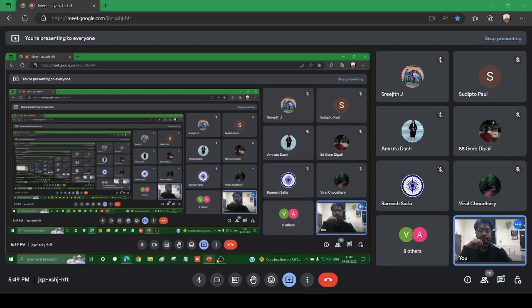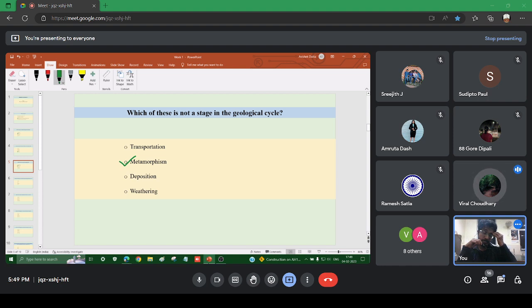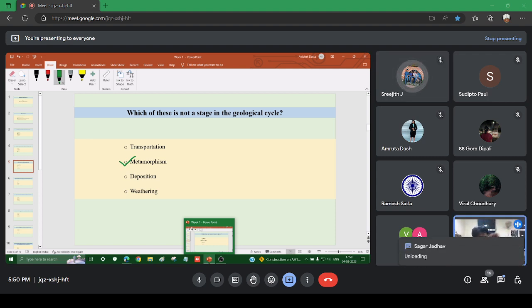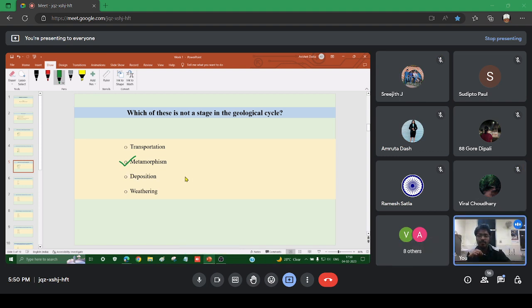Transformation of soil or rock or any geomaterial from one type to the other is called metamorphism. Change in form, right? Basically. What is deposition? Process of the particles getting deposited in another place. Yes, after transportation comes deposition. And what is weathering? Disintegration of rocks.